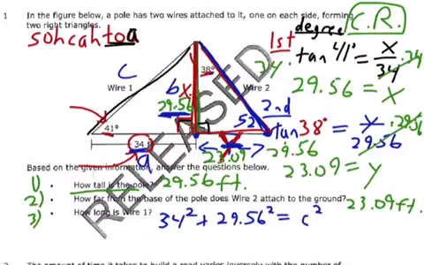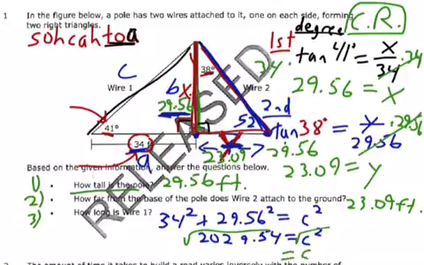I just square those and add them up, and I'm going to get 2029.54 equals C squared. To get rid of that squared, I'm just going to take the square root of each side. And C is going to be 45.05 feet.